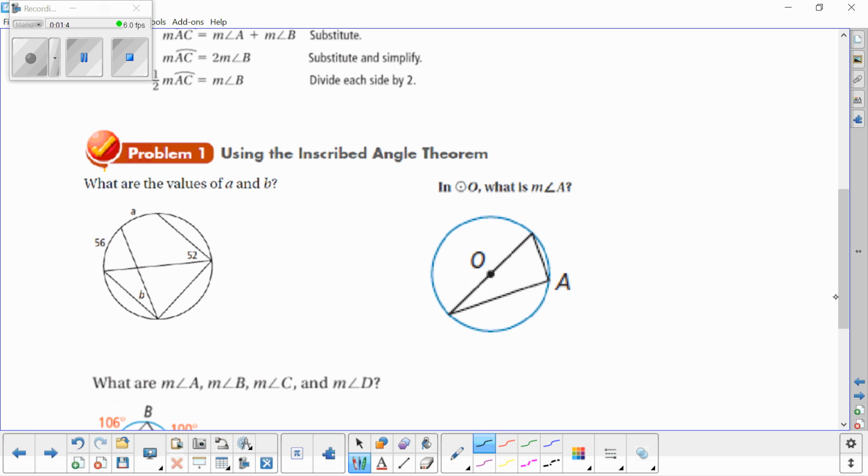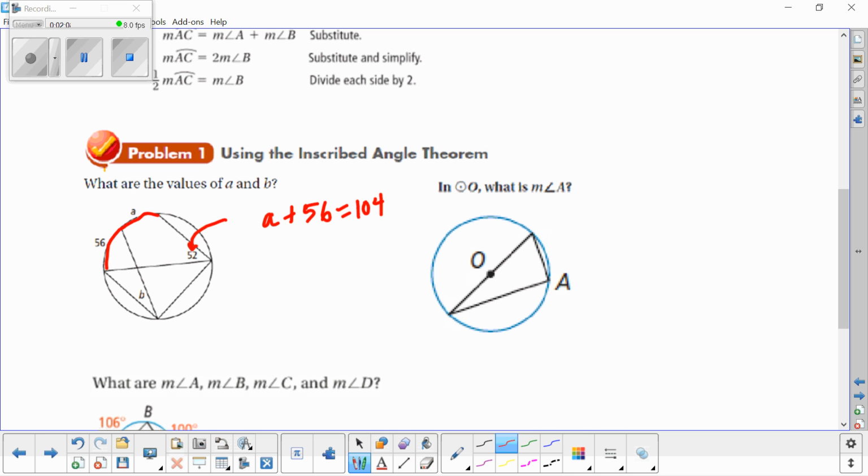Problem 1, we need to find values of A and B. Now A is part of this arc here, so I'm going to say A plus 56 is actually equal. Remember that this is going to be half of the intercepted arc, so I'm going to double that.